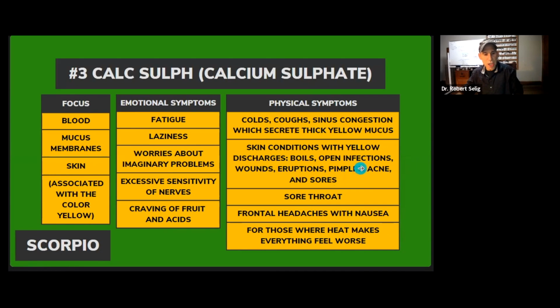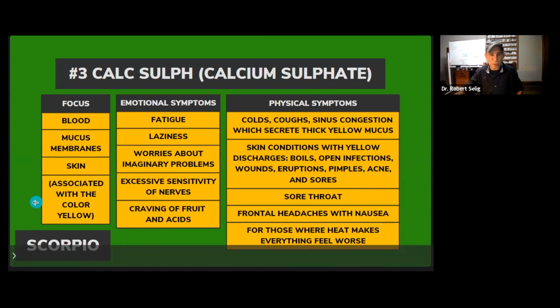So this is a great remedy for the skin. I like skin, I like the mucous membranes. And even when you see people that have that yellow jaundice type of color, we can also prescribe this remedy. So calcium sulfate is a wonderful remedy when we're thinking blood, mucous membranes, and skin.